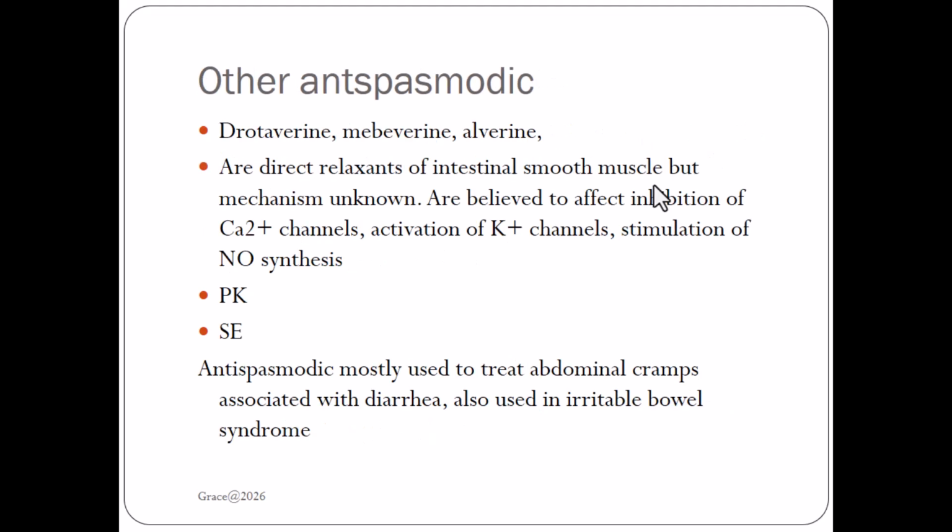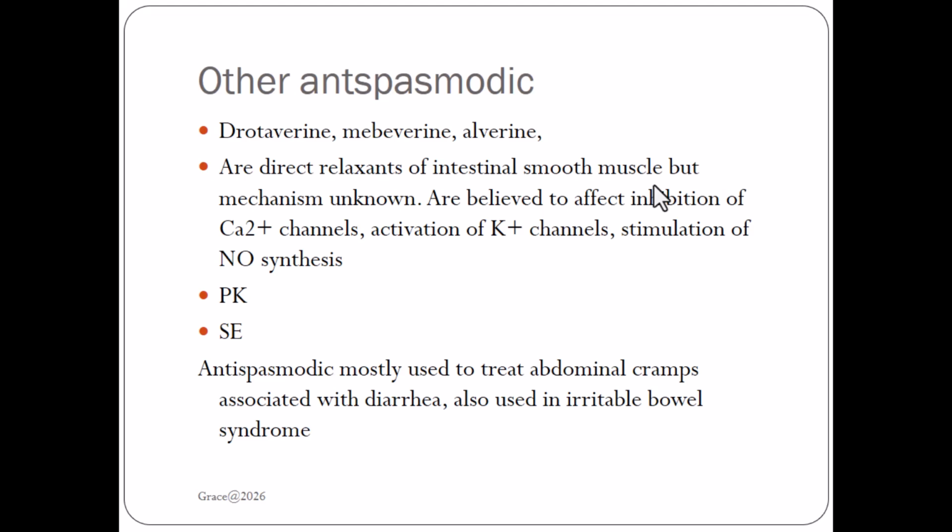Other classes of the antispasmodic drugs are the verines. You can have drotaverine, mebeverine, and alverine.